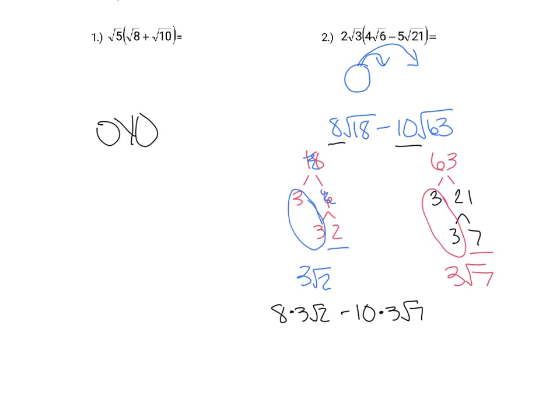All right? So 8 times 3 gives me this to be 24 square root of 2 minus 10 times 3, 30 square root of 7. Notice we cannot actually go any further because the radicals are not the same, so therefore that would be the answer.